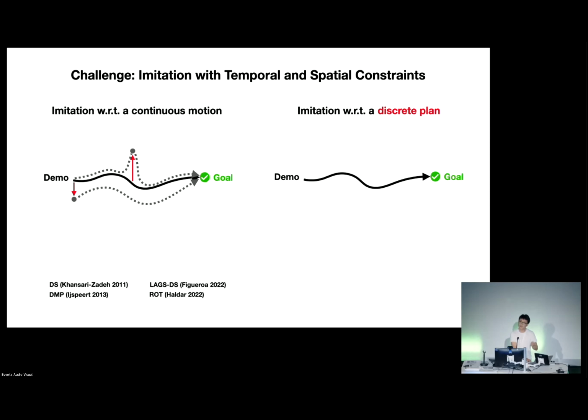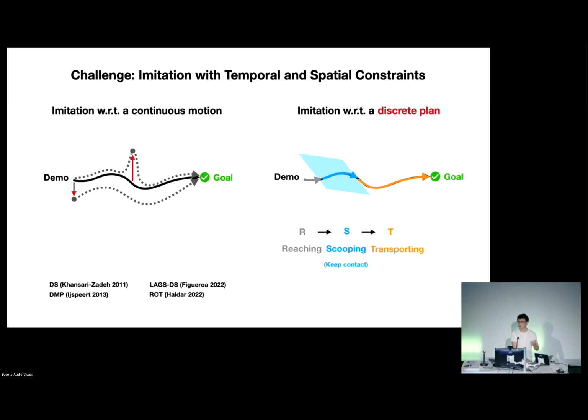We're proposing imitating with a discrete plan instead, where the continuous motion is successful because it traces out a discrete plan of mode sequence that's implicit in the demonstration. For example, here, the demonstration policy rollout goes through a reaching mode, a scooping mode, and a transporting mode.